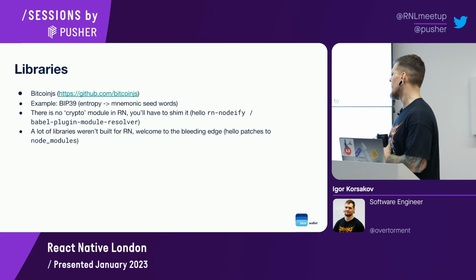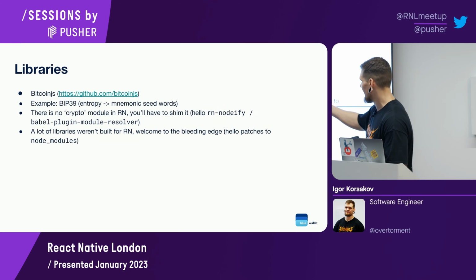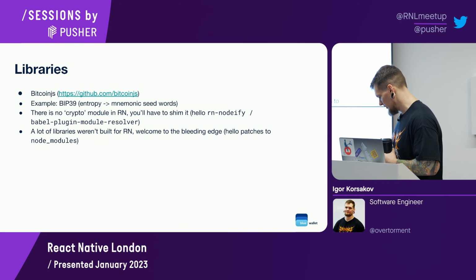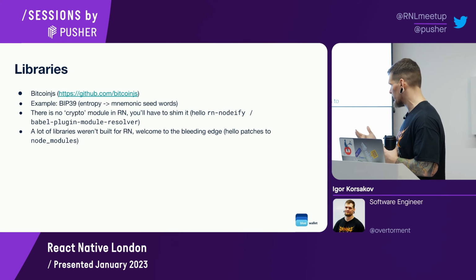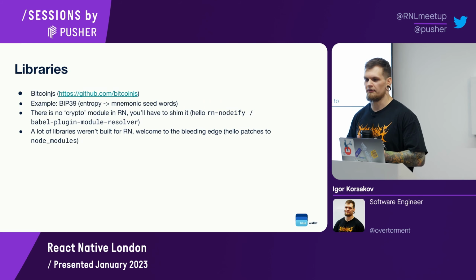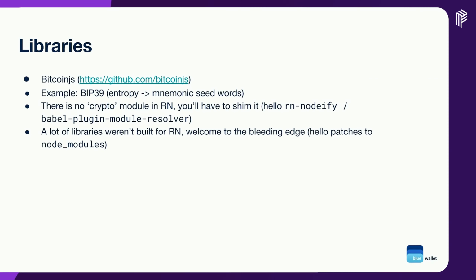You're going to maintain patches, or you're going to use something like a Babel plugin that helps the dependencies you use to resolve crypto correctly, because React Native is quite a restricted environment. If you try to require crypto in React Native, there's no crypto. It won't just work. So you'll have to solve it. And usually it's solved by installing some native modules which provide crypto for React Native.